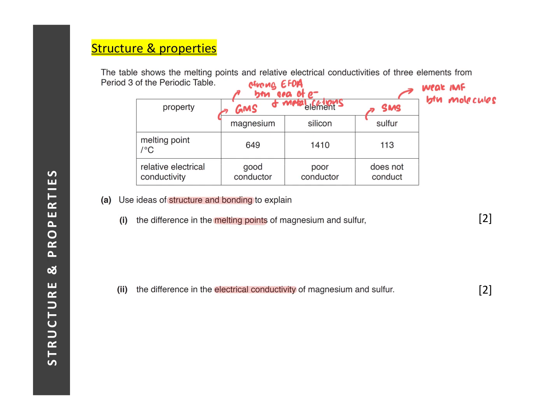For electrical conductivity, we are looking at mobile charge carriers. So the sea of delocalized electrons in magnesium can carry charge, whereas in sulfur there are no free mobile electrons to carry charge.